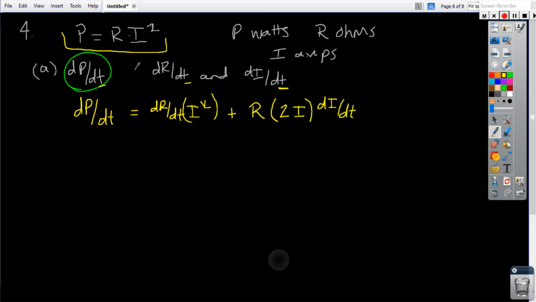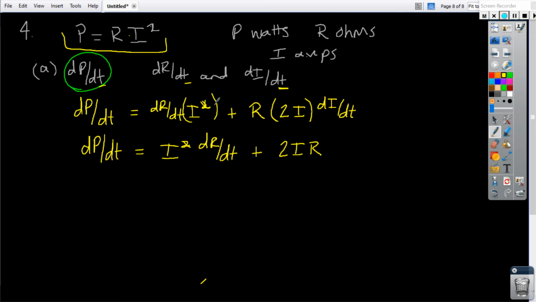In this case, I don't have to do anything else. This equation is already solved for dP dt. If you want to clean it up a little bit, you can make this I squared dR dt plus 2IR dI dt. But that's all we're doing, is getting an equation written for dP dt.